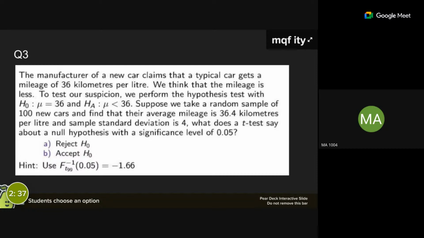For that we need at least the significance level, which is given as 0.05. So solve it and find the value of c, and based on that you decide what to do. If 36.4 is greater than c, then what will you do? Or if it is less than c, then what will you do?